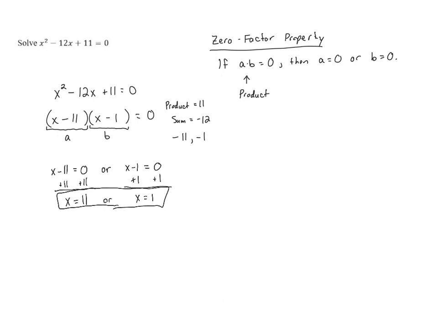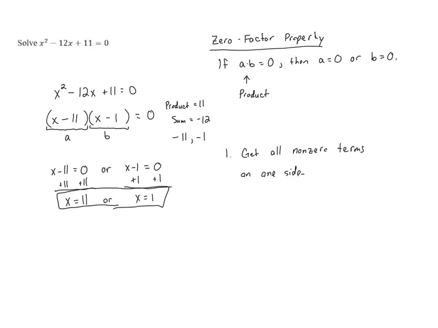For all of these problems, we're going to do a few things. First, we're going to get all non-zero terms on one side. Basically, we need one side of the equation to be 0 because that's how the zero factor property works.